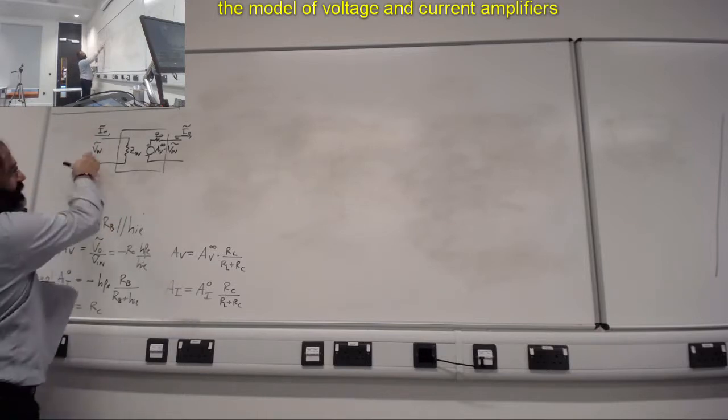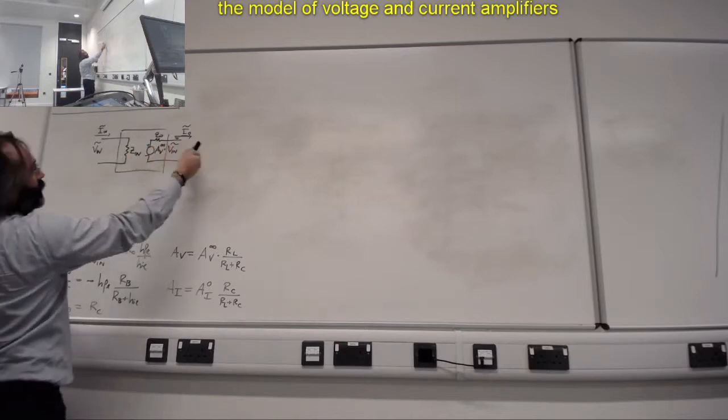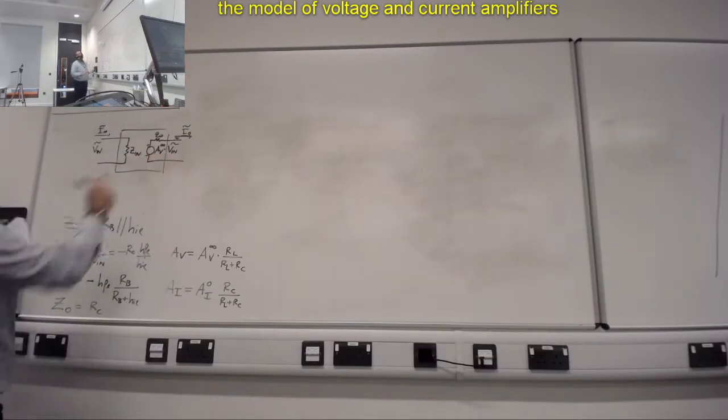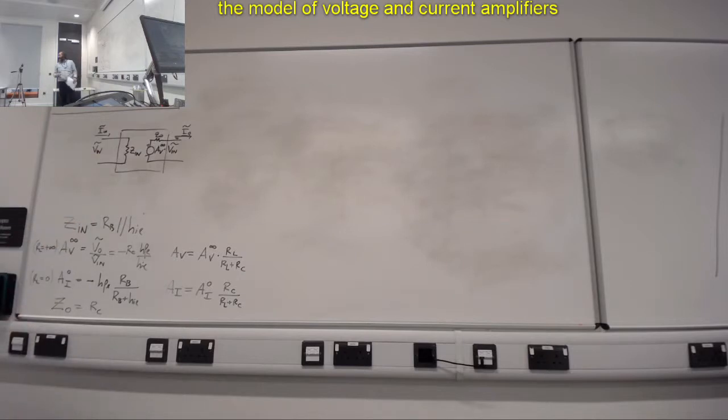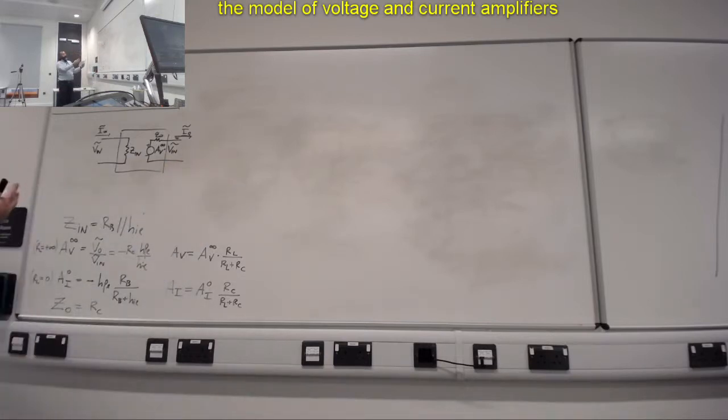So if V is 0, this is obviously a short, so what do I see? It must be Z0, connected in series with the circuit, because I know that I must see Z0 from this point. So that's why the connection must be made like that. So this is the model, the equivalent representation of the parameters that we've calculated.